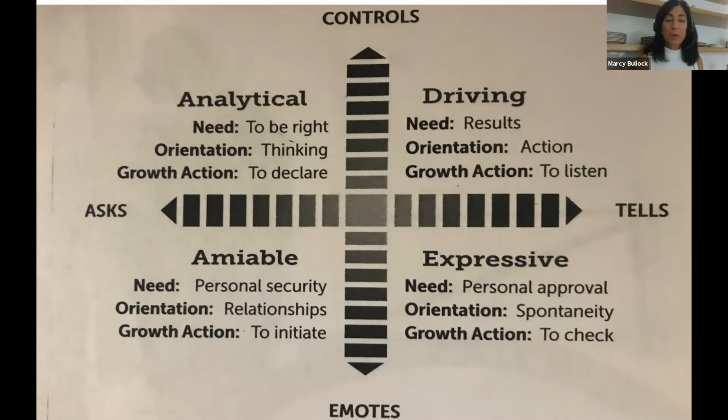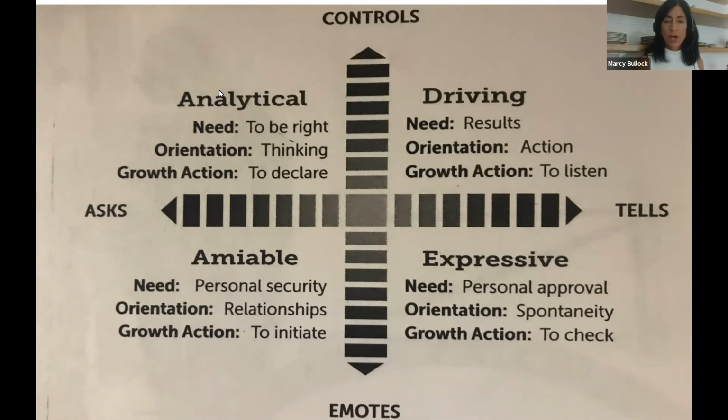For amiable, you need personal security. Your orientation is toward relationships, and your growth area is to initiate. And finally, with expressive, you have the need for personal approval. Your orientation is spontaneity, and your growth action is to check.